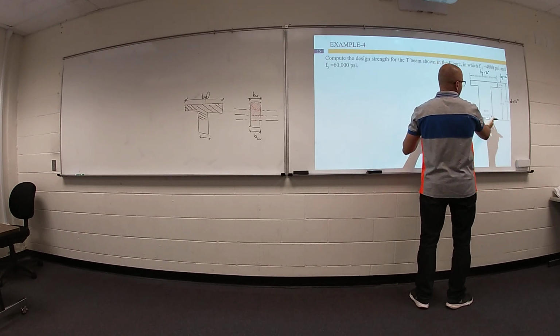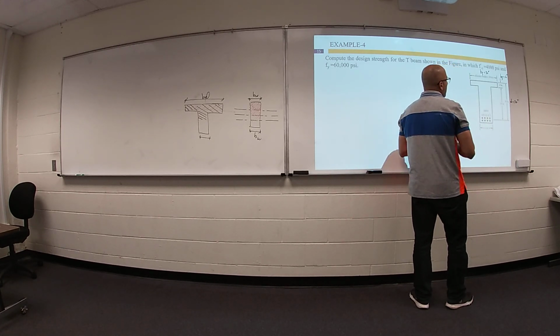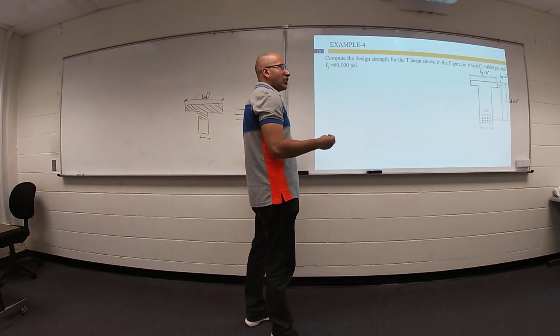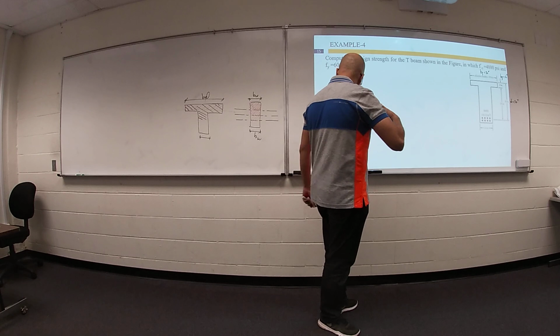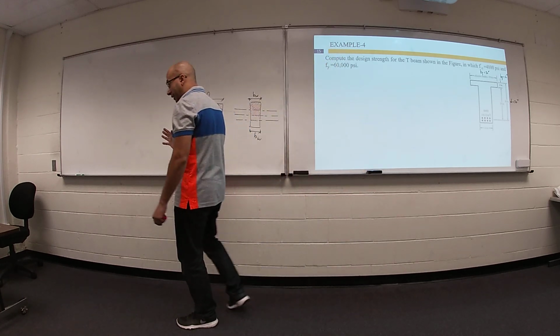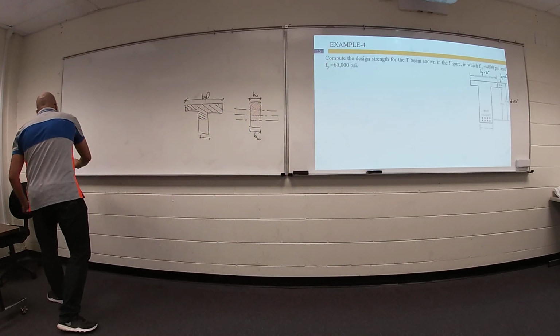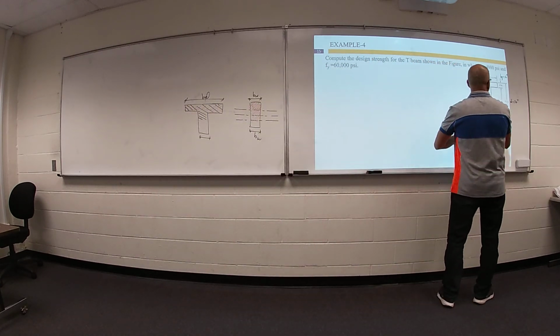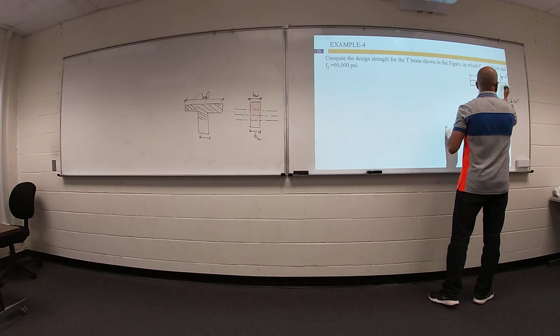Your area of steel equals 10.12. Everything is ready. First step to solve your T section, we need to make an assumption, and we would like your assumption to be correct. We will assume your neutral axis is within your flange.